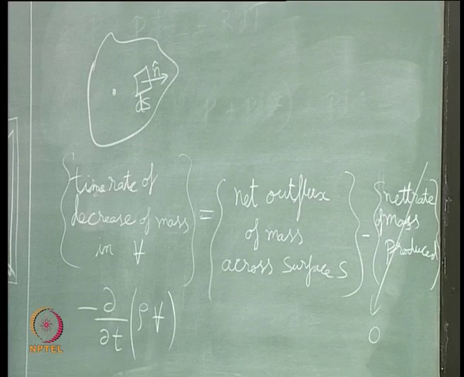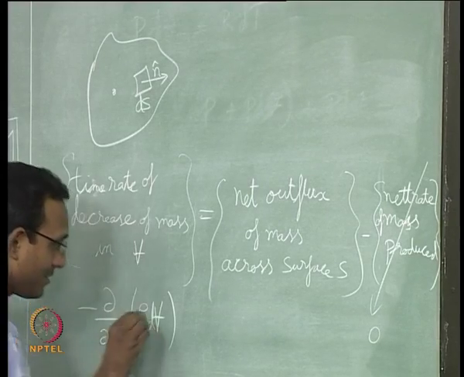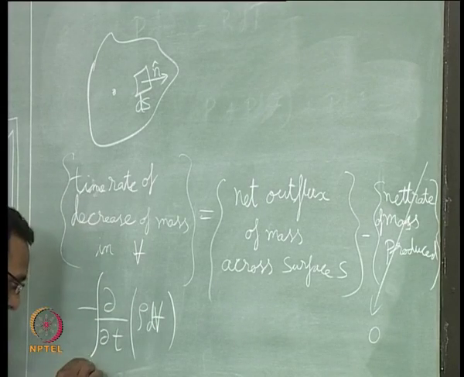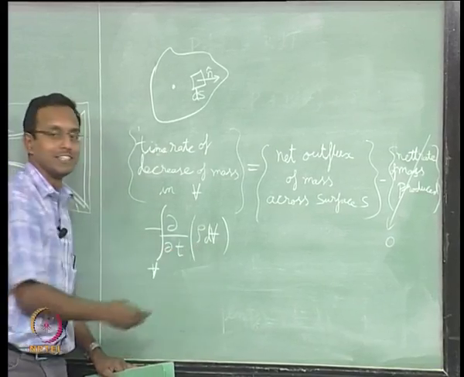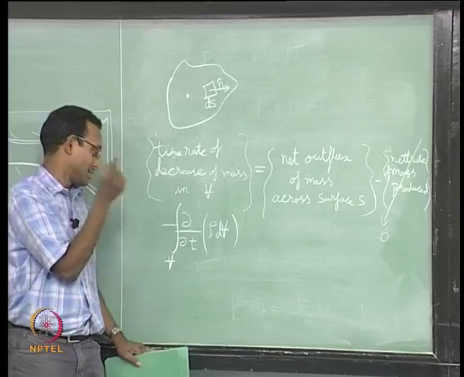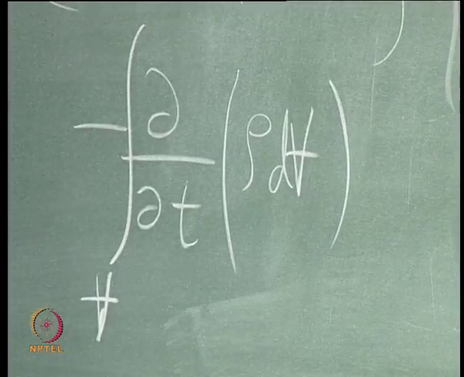Of course, I have to put an integral over the whole volume, so I have to think about it more carefully and make it dV and put an integral outside. Rho dV is any small volume inside, and then I am integrating over the whole volume of my control volume. This is what it will come down to.